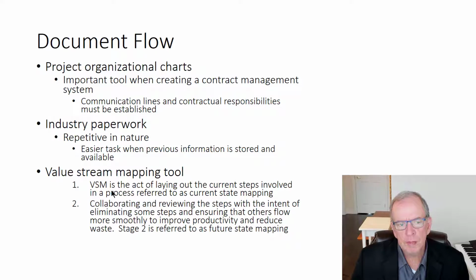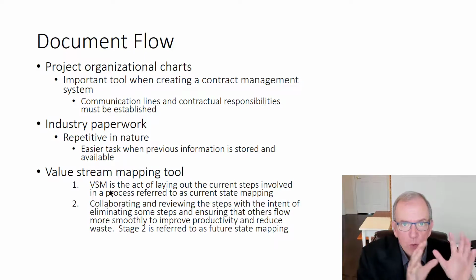But we think about value stream mapping in two processes. One, you get the group that's involved together and collaborate to figure out all the steps involved in this process. Then you look at all those steps, and that's the current state map. So what do we do now?